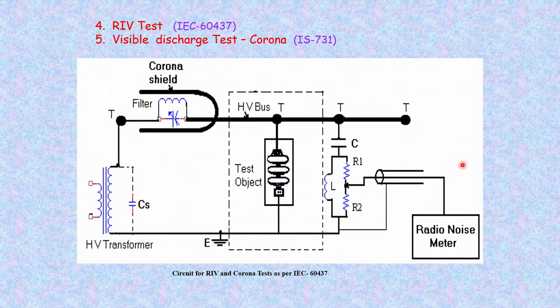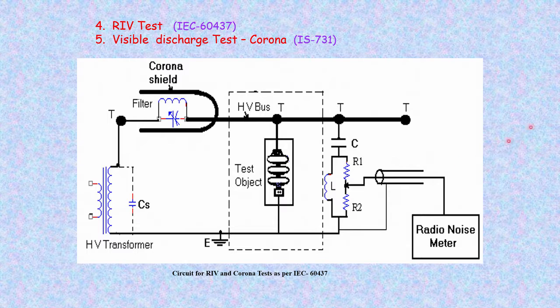To conduct the experiment, the laboratory ambient should be completely dark, the voltage is energized to the specified level of the equipment, and the discharges are monitored on the equipment under test. As the voltage is increased, when the discharge starts, it is noted as the inception of the corona discharges, and when the discharges die down, that is known as the extinction value. This is how the visible discharge experiments are carried out in the high voltage laboratory.